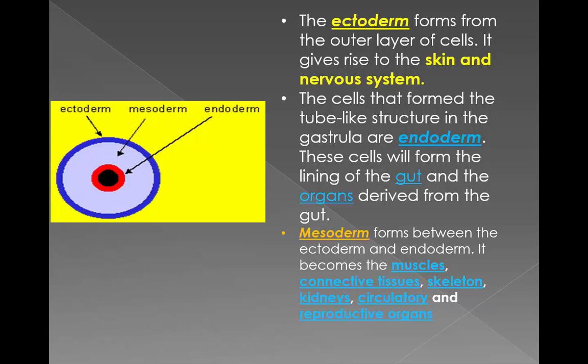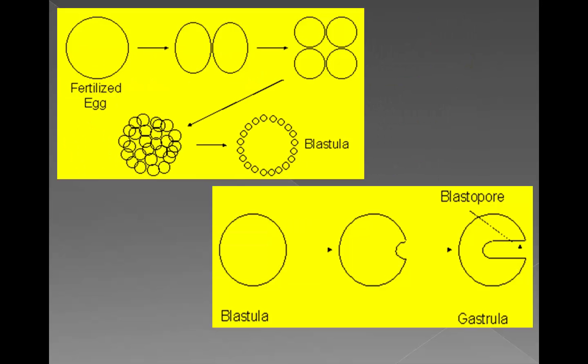And these cells are going to be the lining of the gut and all the organs that come from the gut. The mesoderm is the gray area, and that's between the ectoderm and endoderm. Meso means middle skin. And this will become everything else: your muscles, your connective tissues, your skeleton, your kidneys, your circulatory system, and your reproductive system.